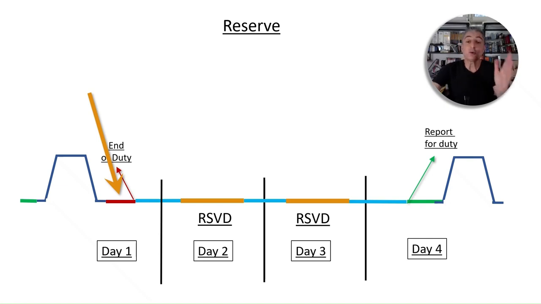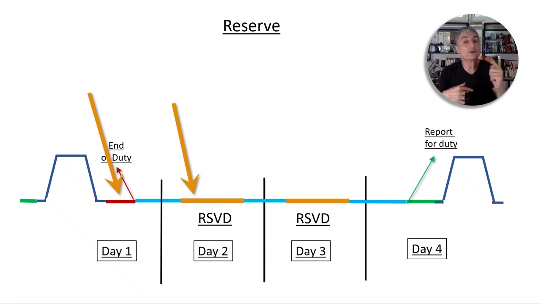And this is the moment where, for example, the roster can assign to us a flight during the reserve the day after, and that's perfectly okay. But what happens if instead they call us during the reserve? Because you remember, during the standby, if we get a call for report for duty, the minimum time of notification is 1 hour.